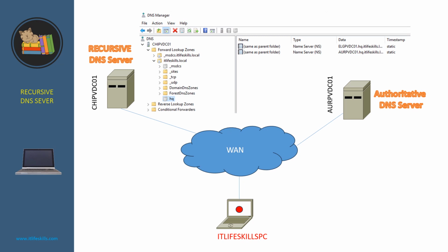Let's learn more about Recursive DNS Server in this example. First of all, the IT Life Skills PC sends a recursive query to the DNS server GPVDC01 to ask for the IP address of pc01.hq.itlifeskills.local.